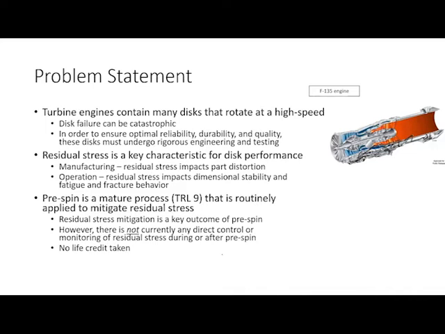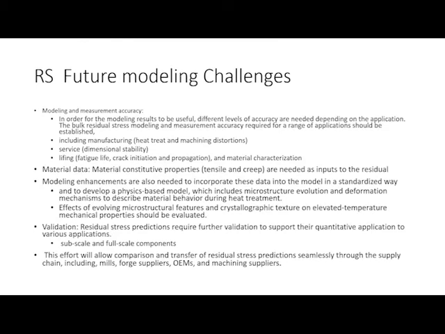It's used today, but no life credit is taken. It's only used to control the expansion of it so that they can achieve tighter tolerances. Well, once we get a modeling system developed, we'll be able to set how much pre-spinning we do and be able to quantify life potential, life enhancements.